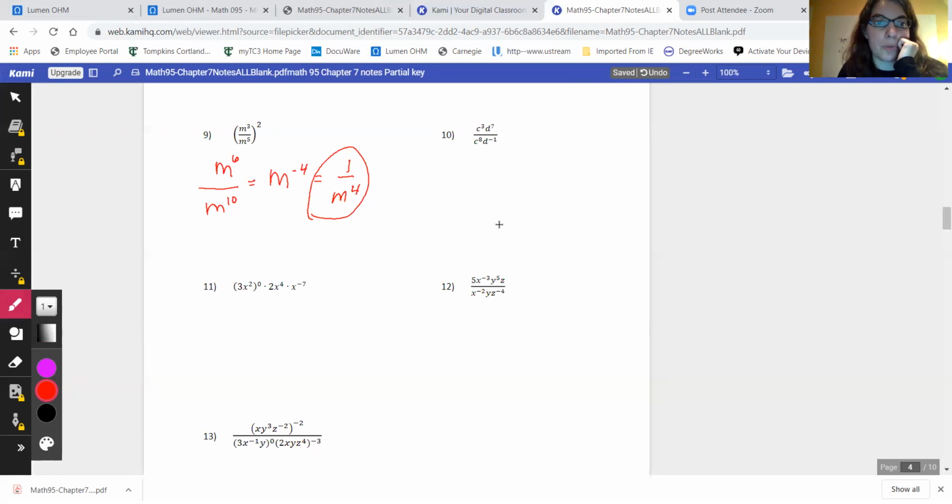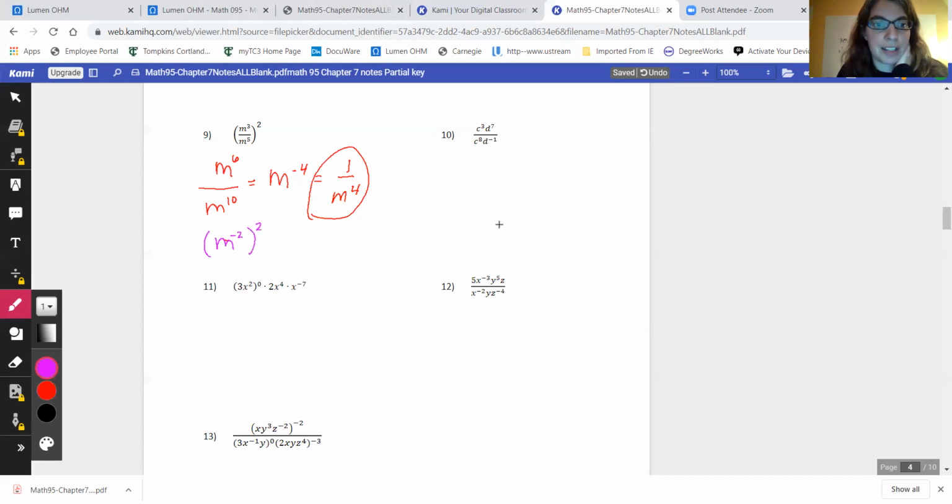Another way we can do it is we can take care of what's inside the parentheses first. We can do the quotient rule first. 3 minus 5 is going to be negative. Oops, I meant to change my color here. Okay, so let's take this out just to keep it easier to tell that this is 2 different things. Okay, well, it doesn't want to erase that. That's okay. All right, so inside the parentheses, we're going to have m to the -2nd power, 3 minus 5.